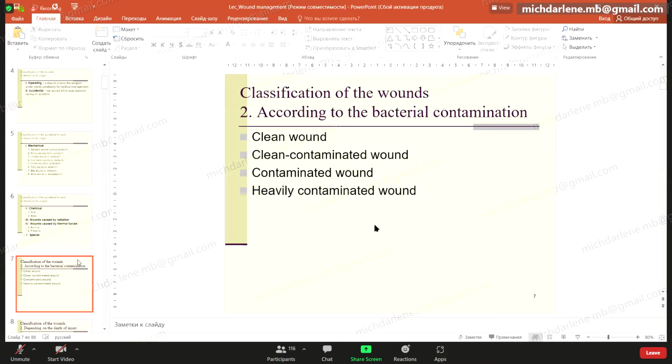Then clean contaminated wound, contaminated, and heavily contaminated. Heavily contaminated means wounds dirtied by earth or other things, and usually these are the wounds which you see, and I too, and which we treat.